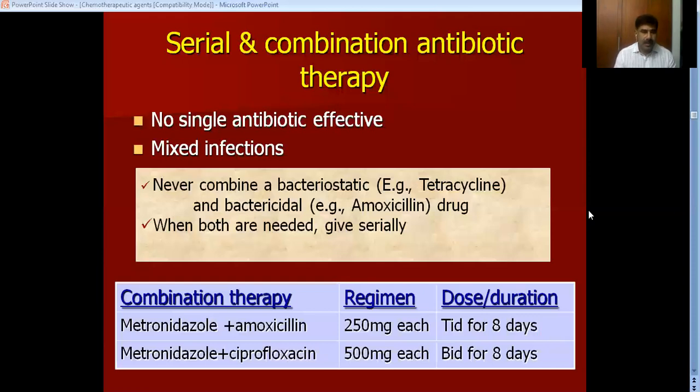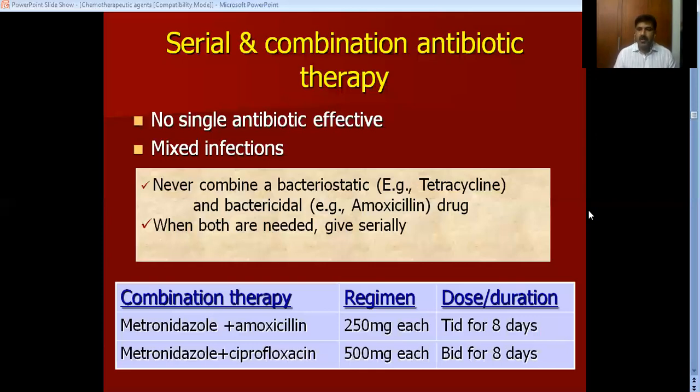Now, the principle in serial antibiotic therapy is you should never combine a bacteriostatic with a bactericidal drug. Now, what is a combination antibiotic therapy? If it is not a bacteriostatic and bactericidal, probably you can combine. There are umpteen number of studies which show that a combination of metronidazole and amoxicillin is very effective in the management of periodontal disease.